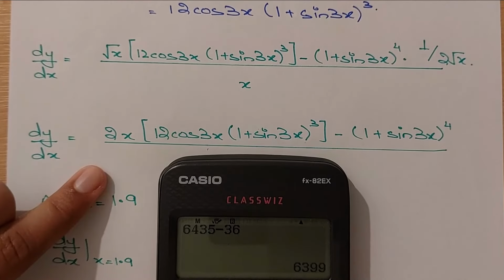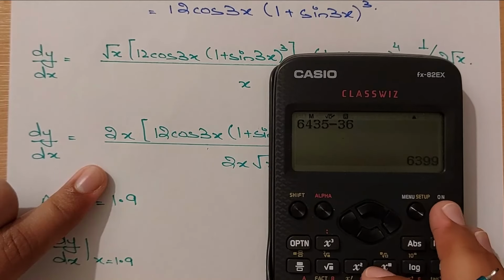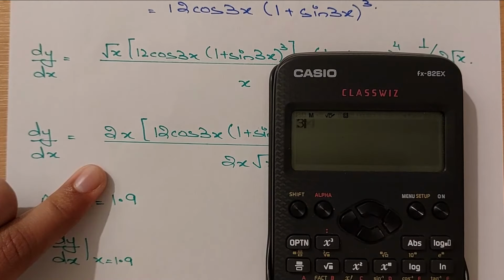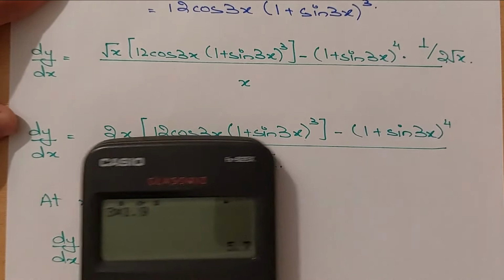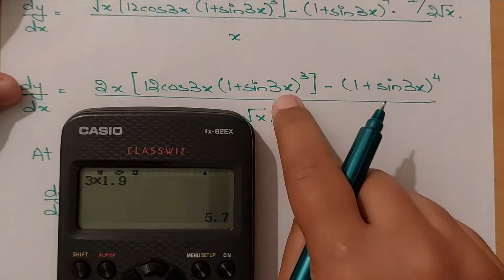So we have 3 times 1.9. Let me solve. That is 5.7. Okay, so let me do this first.